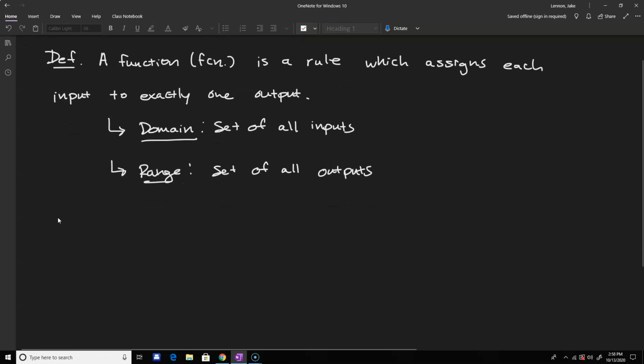So let's make a remark. Functions are often thought of in four different ways.